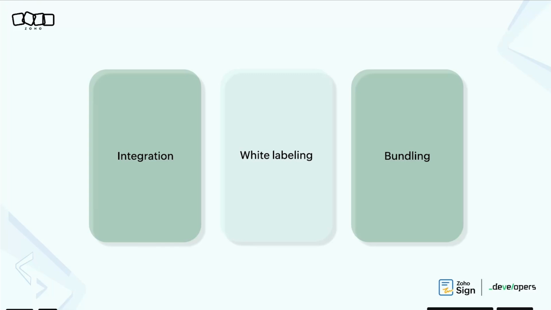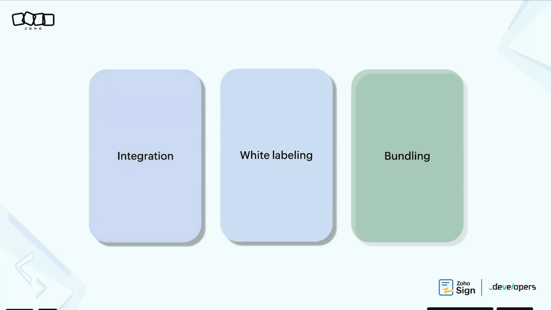Or let's say you have integrated with a CRM platform or a desk platform and you're looking for an e-signature application, then yes, we check all these boxes. If you have such a business case, you could always drop us an email and we will take it forward from there.